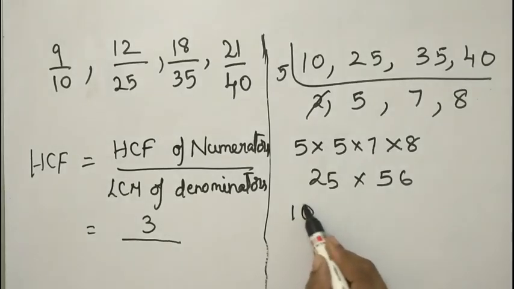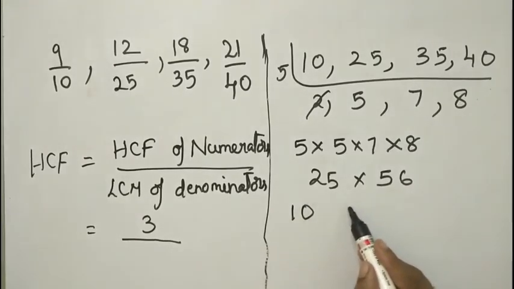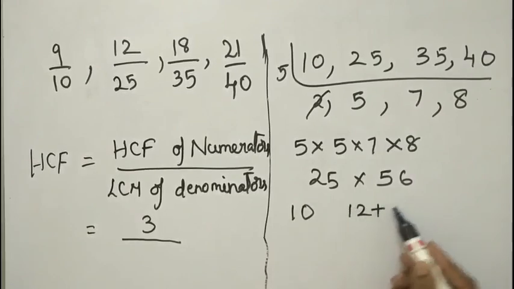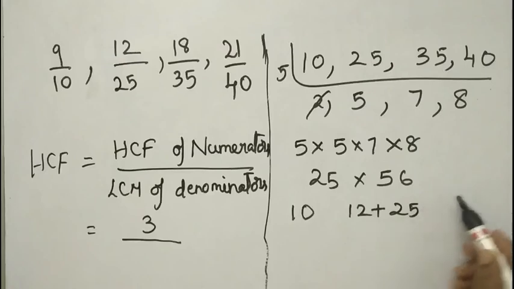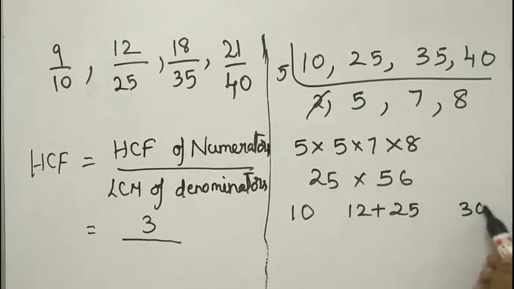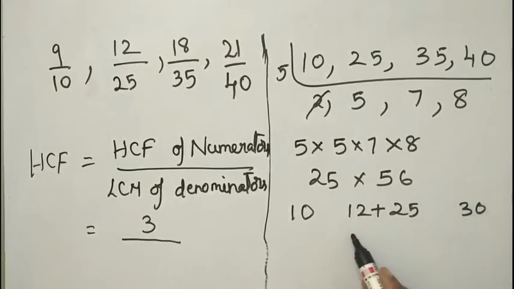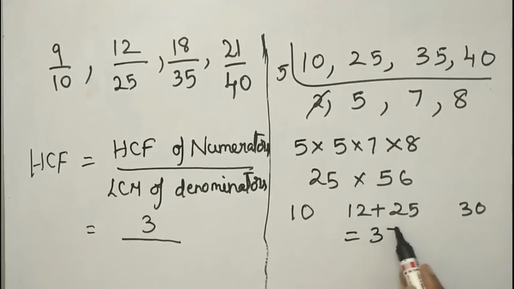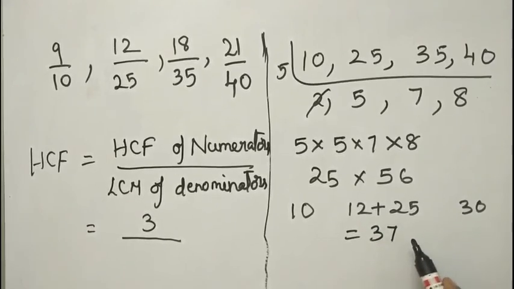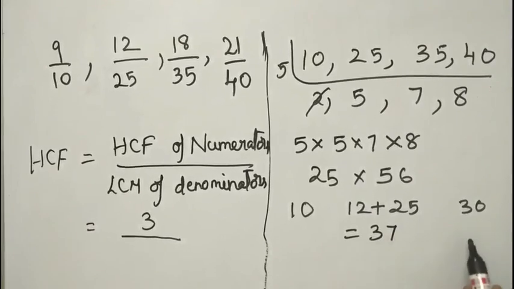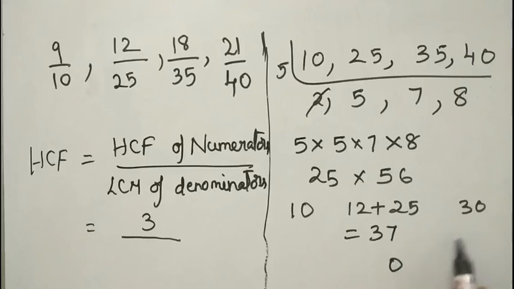Now let us use the multiplication trick which I explained on my channel. This is 5 into 2 is 10, 6 into 2 is 12, plus 5 into 5 is 25, 5 into 6 is 30. Is it not? This is equal to 37. Okay. So the final answer will be 0.